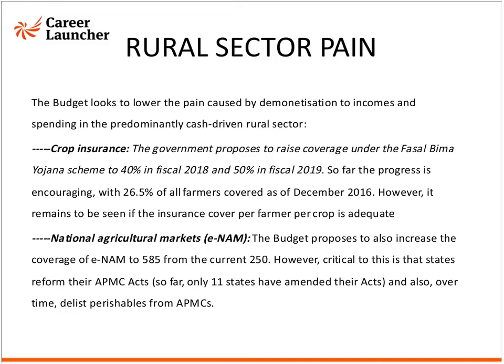Okay, but as I have highlighted here, critical to this is the states' reform of their APMC Act. What is an APMC? An APMC is an Agricultural Produce Market Committee.